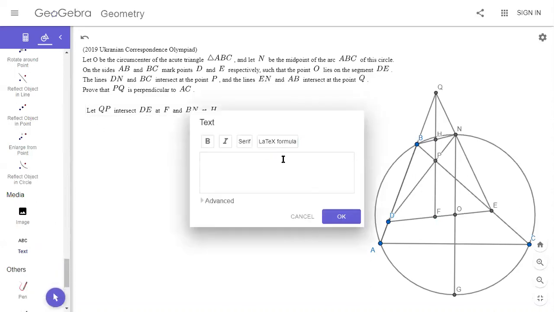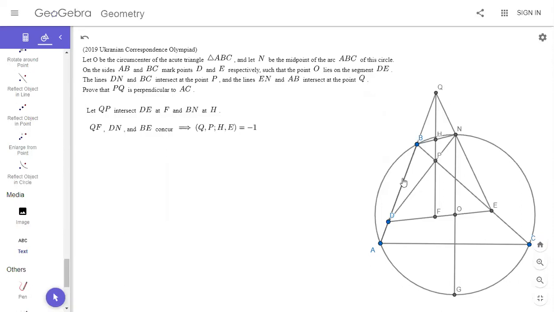So we have Q, P, H, and F are in harmonic conjugation.